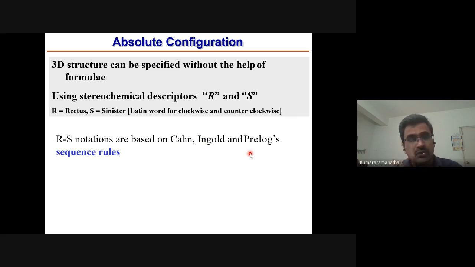Whenever you are writing, you should also expand it. Do not just write CIP. You can mention that CIP rules, or Cahn, Ingold, Prelog rules, are based on 4 important assumptions, and you can also give an example so that it will be easier.